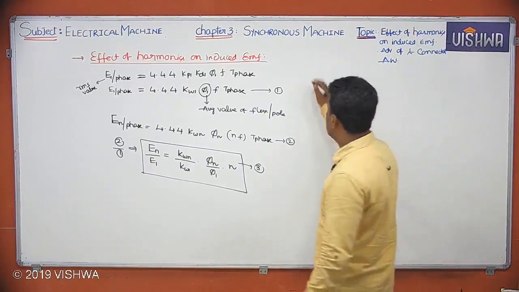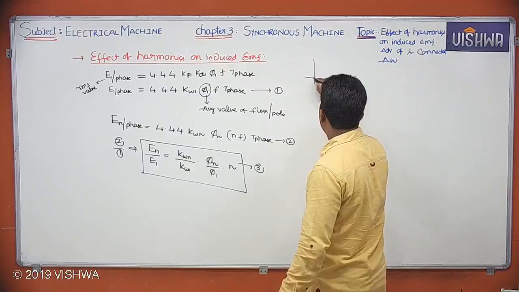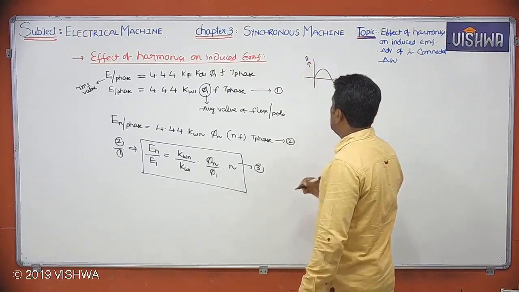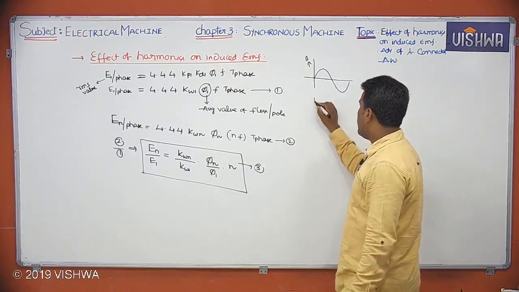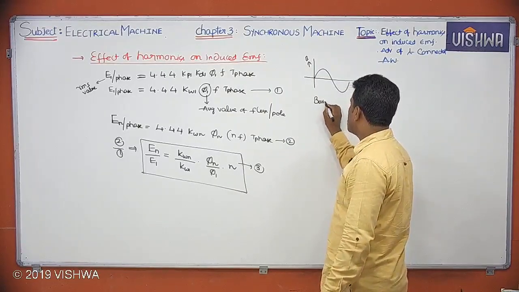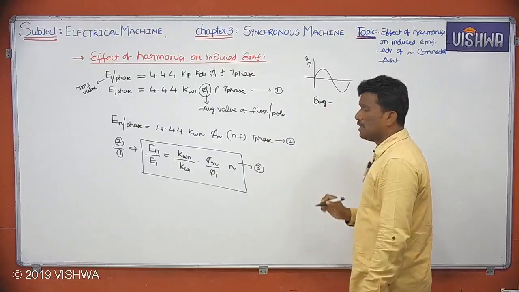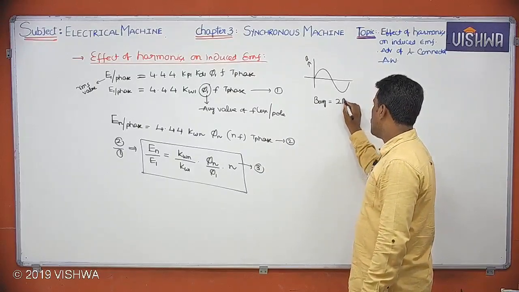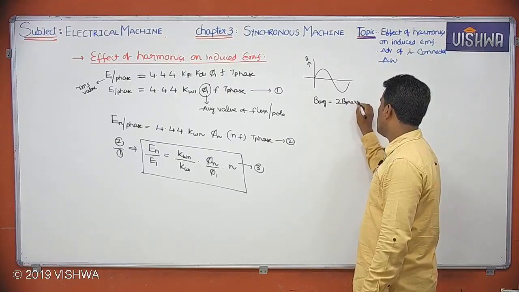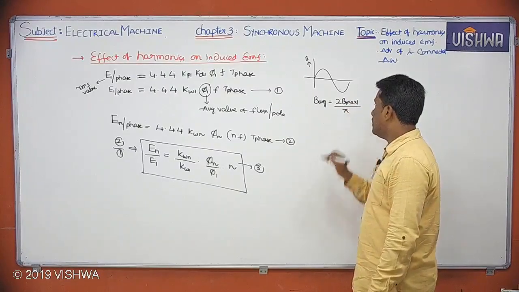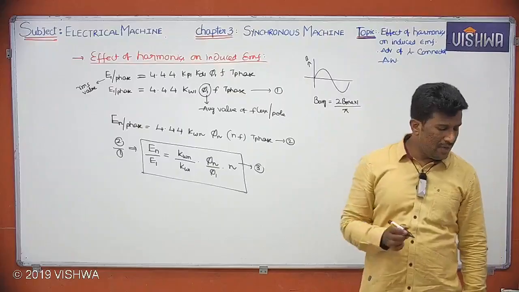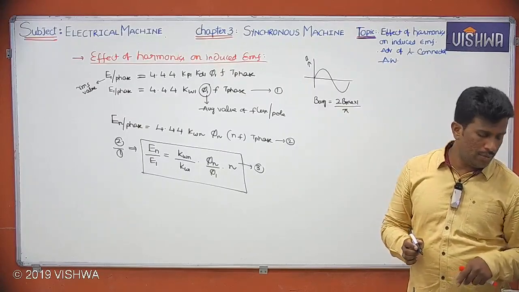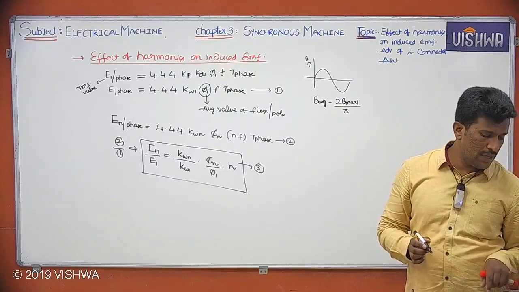If you take one waveform of B, you might have seen the average value of flux density, B average, is 2 B max 1 by pi.